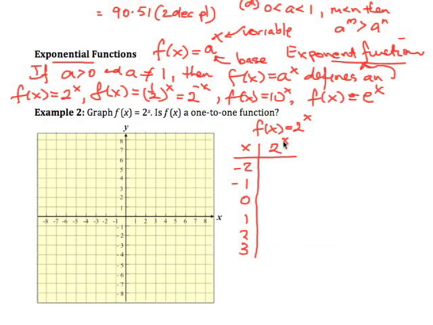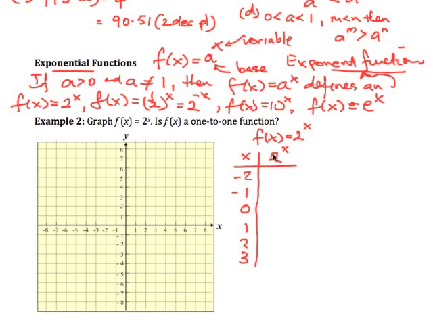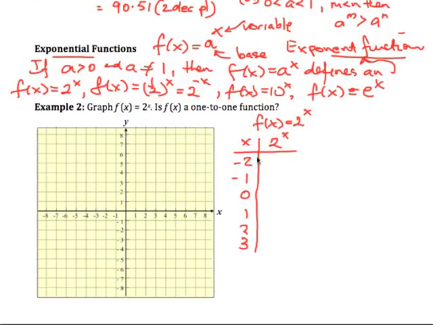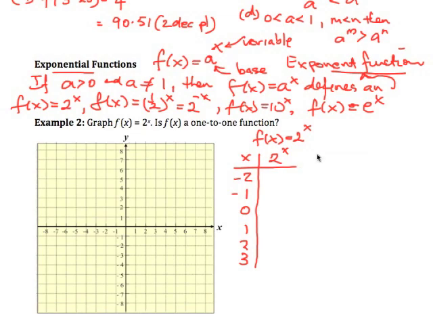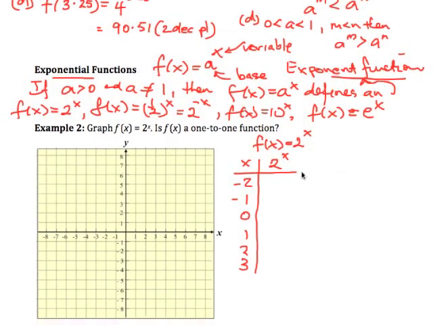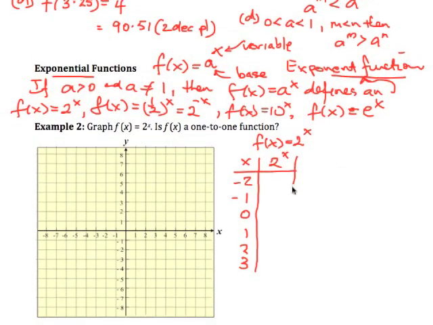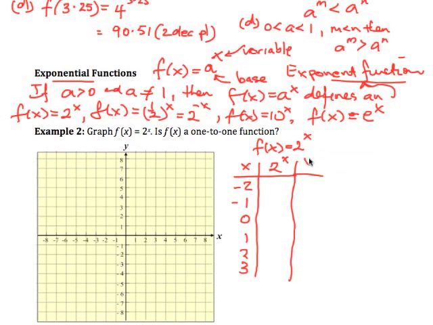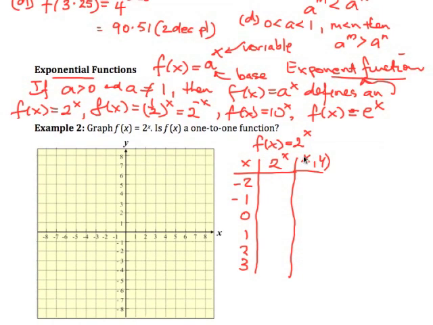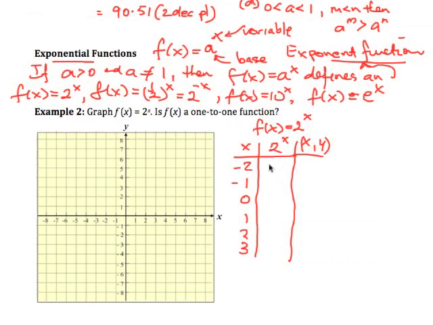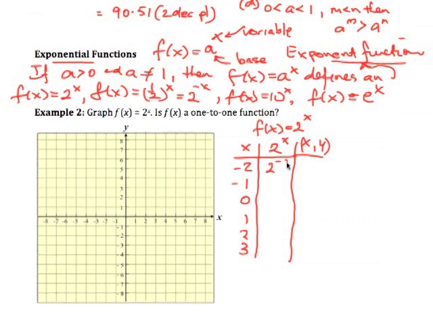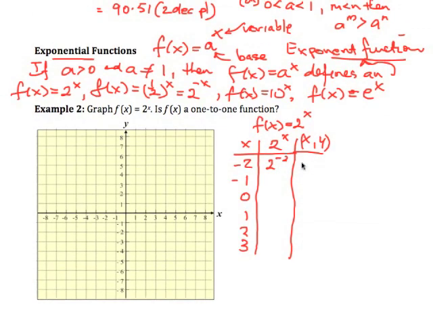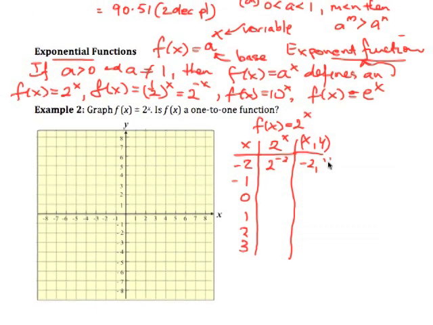Well, what is 2 to the negative 2? I'm going to put my ordered pairs here too. That'll be 1 over 2 squared, which is a quarter, so it's negative 2, a quarter.